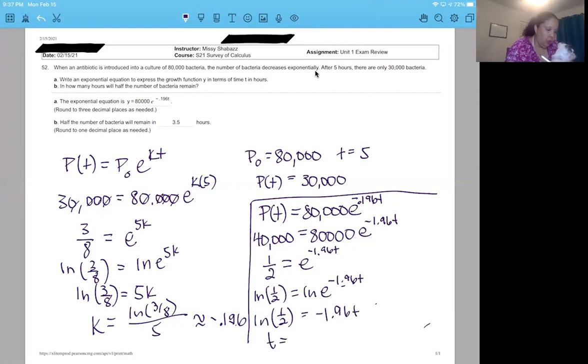So t is equal to natural log of 1/2 over negative 1.96. And it says round to 1 decimal place. So I have natural log of 1/2 divided by negative 1.96.